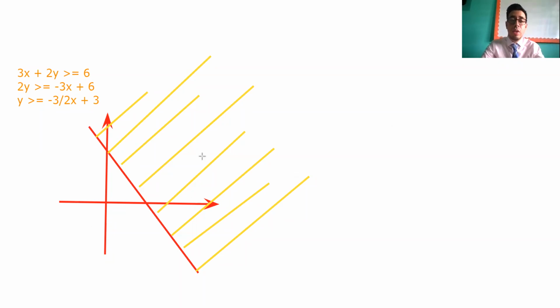So that's the only thing, okay? Only to represent the inequality. And you represent it in the same way that we graph the equations, okay? We graph and later we only represent, okay?